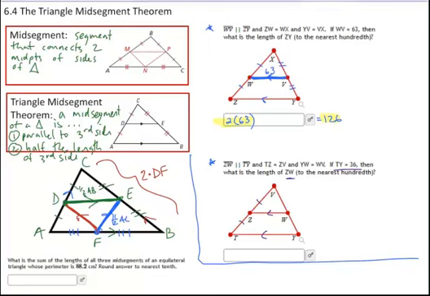TZ and ZY are equal, YW and WV are equal, so we know we have a midsegment here. And if our whole length TY is 36, then ZW has to be what? Half of that, 36, or 18. All right. So this is the straightforward application of this concept, this relationship.